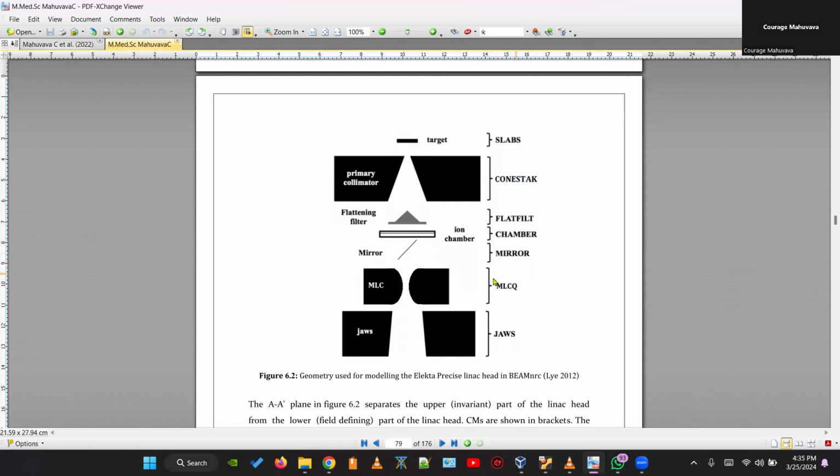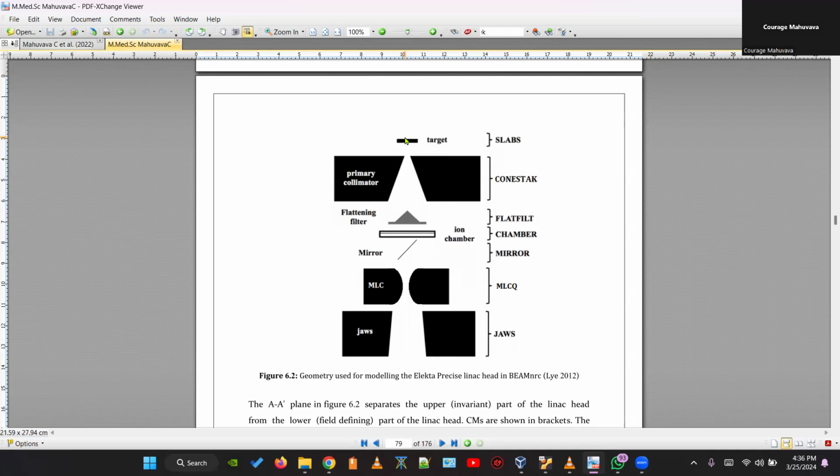And these are modeled with MLCQ. There's also another one called MLCE. This depends on the shape of the MLC itself. And then JAWS. JAWS is sometimes called diaphragm. It's basically two sets of blocks. One opens in the X direction, the other one opens in the Y direction. So it can collimate the beam in a rectangular or square shape, whereas the MLC can collimate the beam into any irregular shape, right?